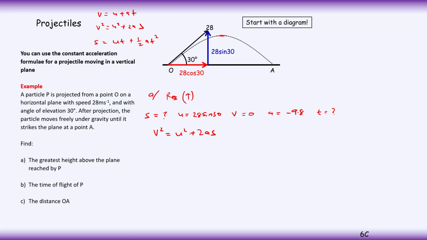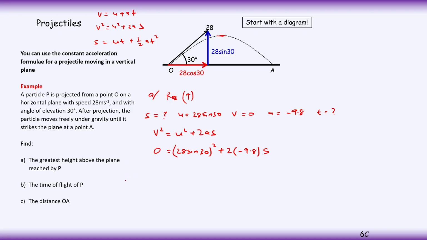So if I sub for all these variables, V is 0, equal to U, 28 sine 30, squared, plus 2 times minus 9.8 times S. Because it's negative, I'm going to take this over to the other side.